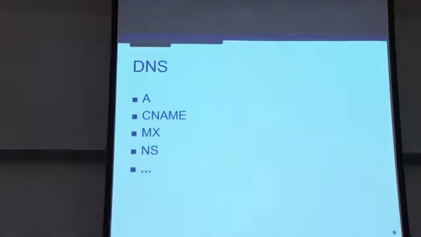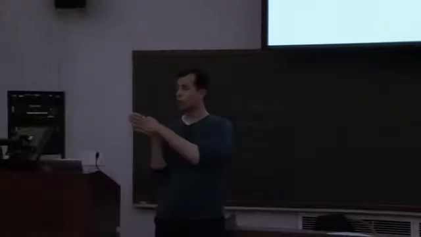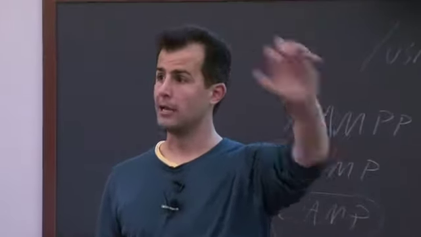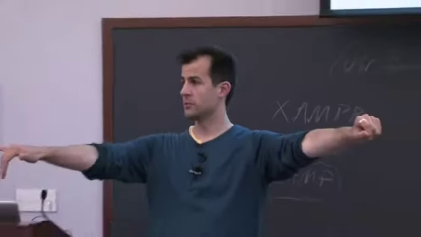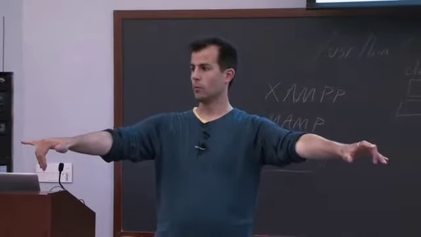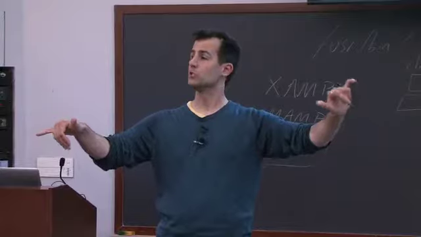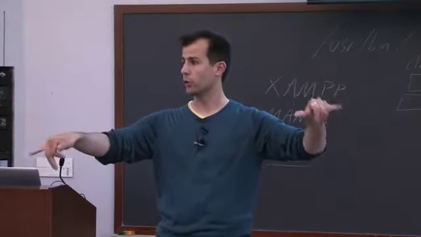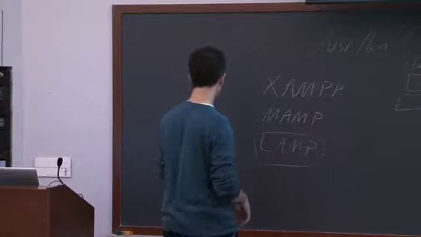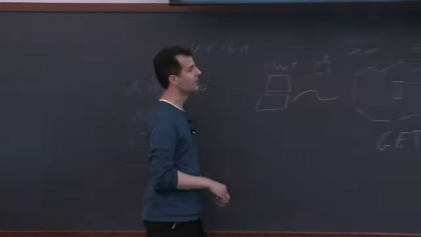Essentially, CNAME, and this too, a little bit of a white lie, but CNAME is an alias where an A record is an authoritative record that literally maps domain name to IP address. A CNAME maps domain name to another domain name, or more technically, fully qualified domain name. So it's an alias in the sense that it's kind of a synonym for an address, but it introduces a layer of indirection. So what does this actually mean for me?